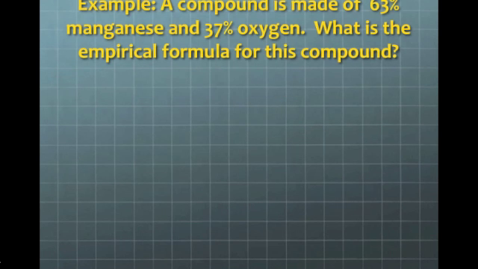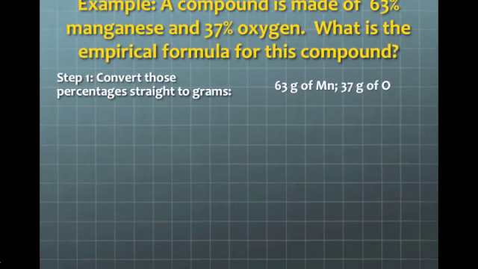So for example, I have a compound that is made of 63% manganese and 37% oxygen. I want to know, what is the empirical formula for this compound? So step 1, we're going to convert all those percentages into grams. 63 grams of manganese, 37 grams of oxygen. Nothing funny there.